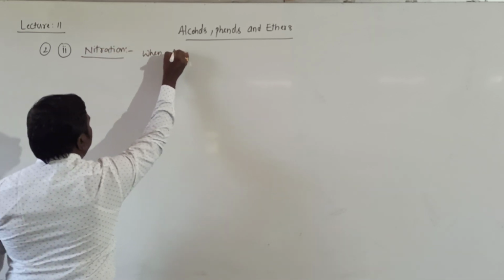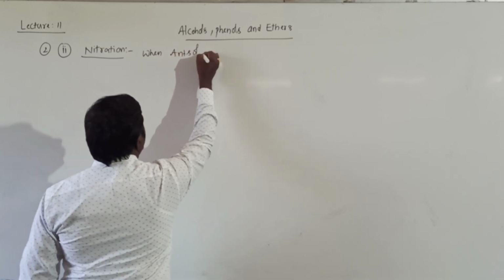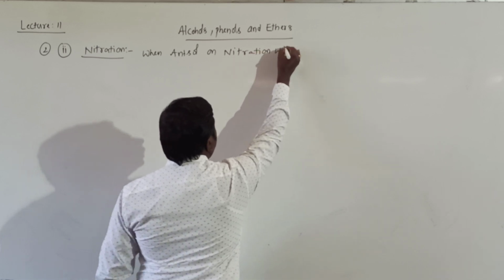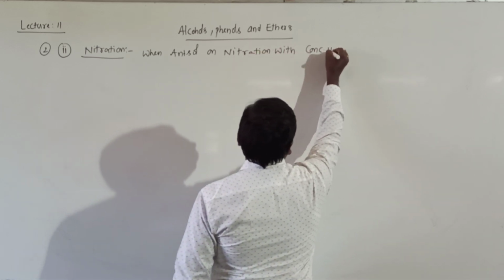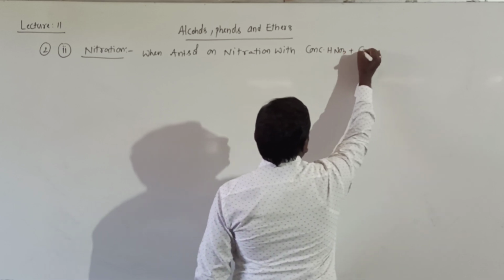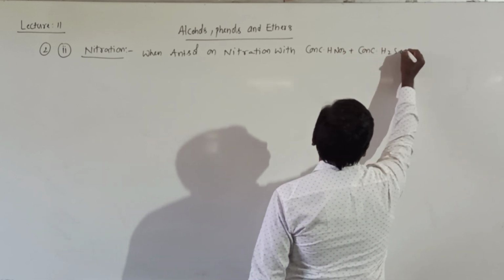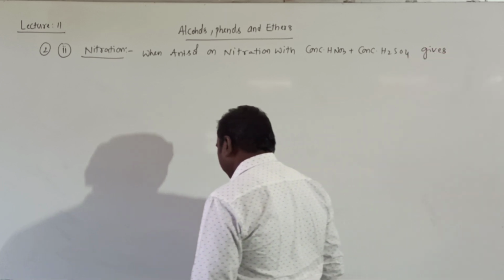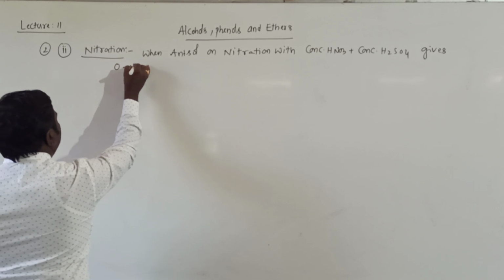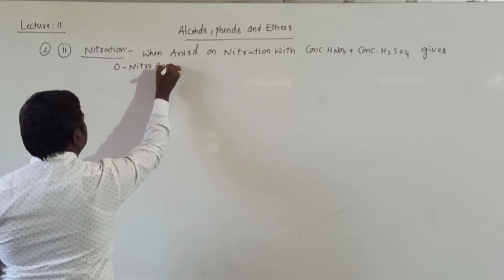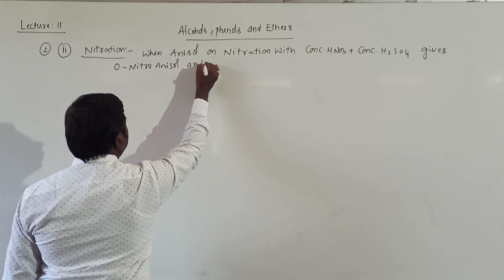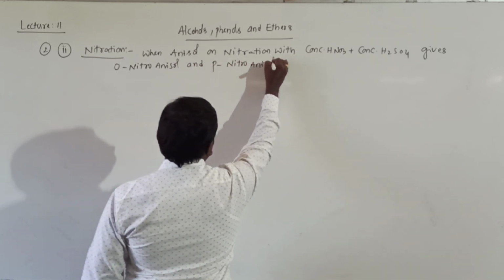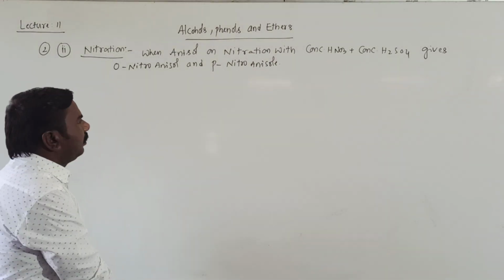When anisole undergoes nitration with concentrated HNO3 and concentrated H2SO4, it gives orthonitroanisole and paranitroanisole.